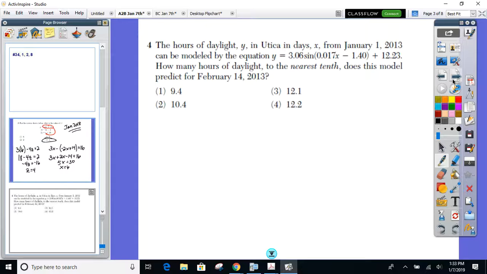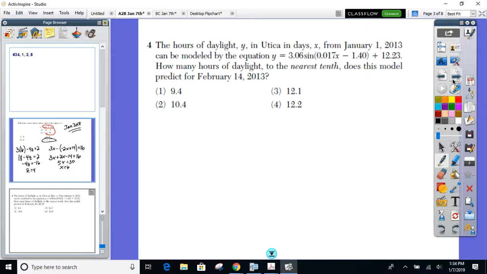All right, so nearest 10th, how many hours of daylight on February 14th? What's X represent again? Number of days since when? January 1st. So here's what I'm asking you. January 1st to February 14th. How many days are we talking about?